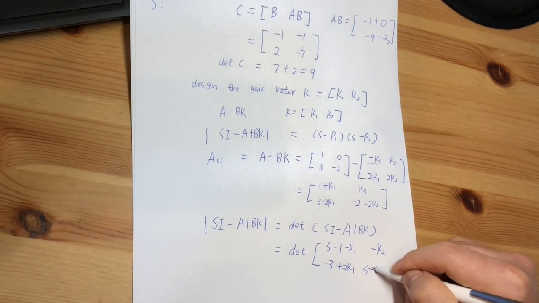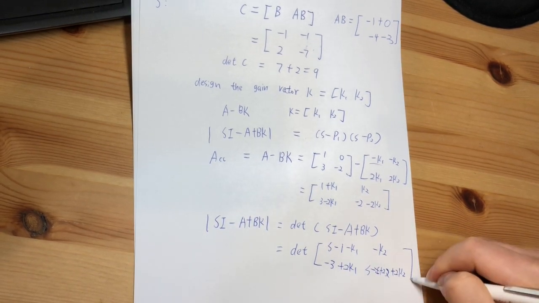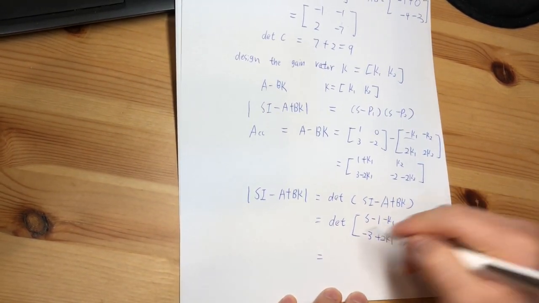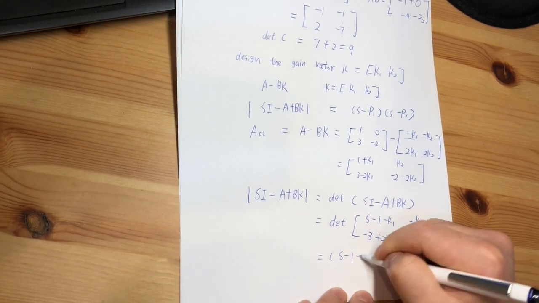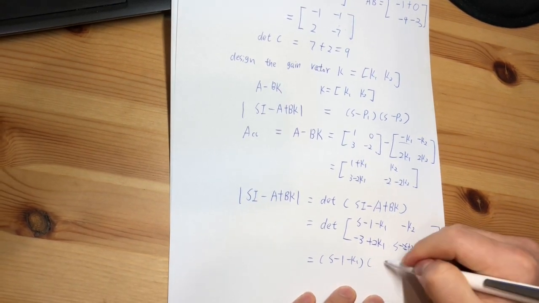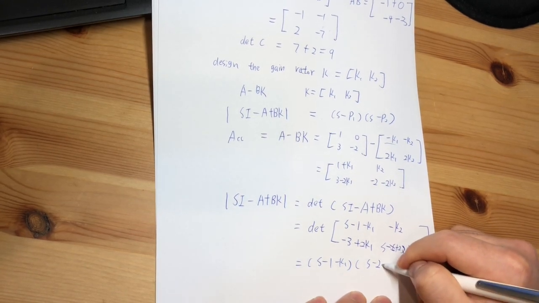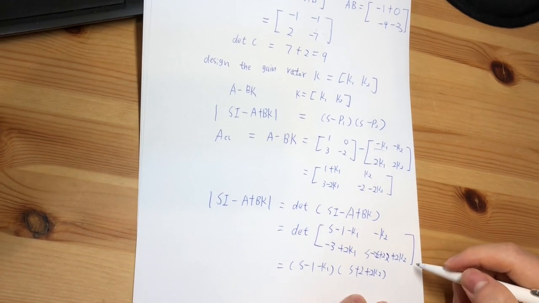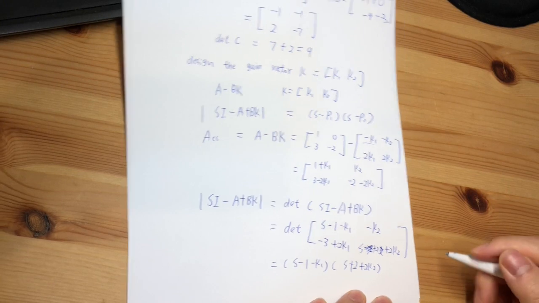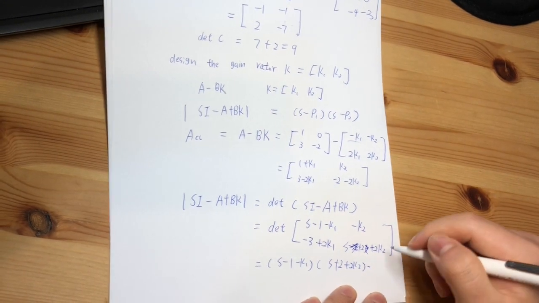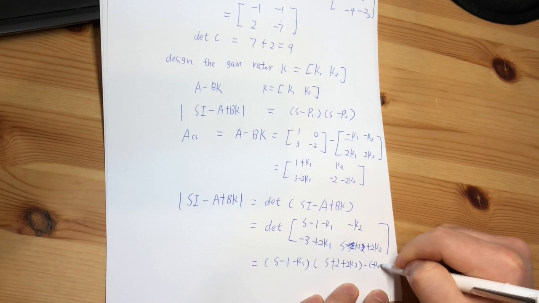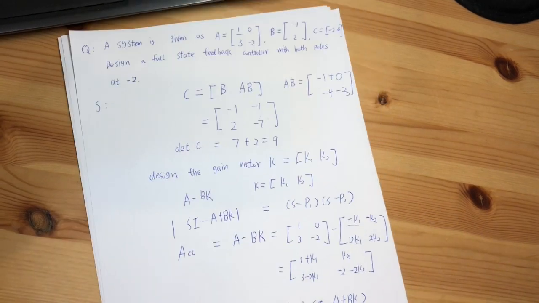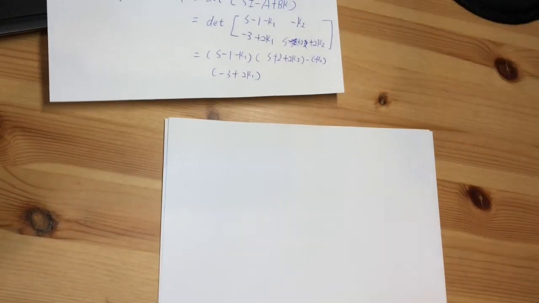And it is equal to (s minus 1 plus k1) times (s plus 2 plus 2k2) minus k2 times (minus 3 plus 2k1). And we need to solve this equation.